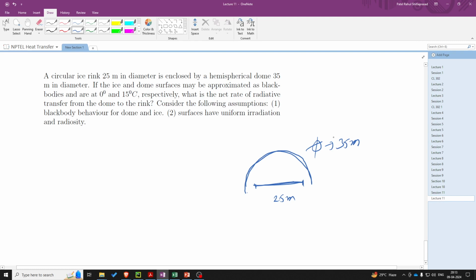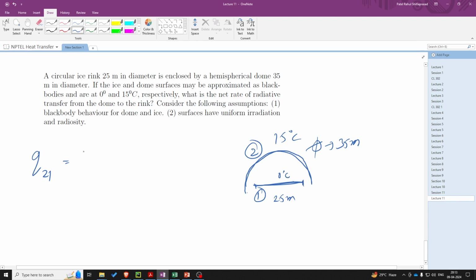Then the ice and the dome surface are approximated as black body. So the temperature of ice is 0 degrees Celsius and the temperature of the dome is 15 degrees Celsius. And then we have been asked to find the net rate of heat exchange from dome to rink, which will be considered as 2 and 1. So we have been asked to find Q21.